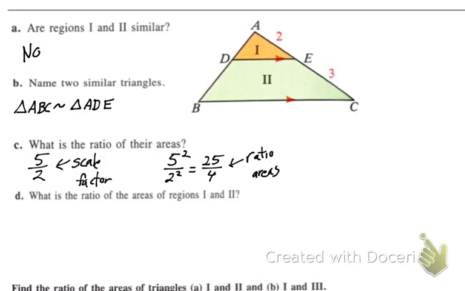What do you got? It's just a guess, maybe 2 squared over 3 squared. That would make it 4 over 9. But are they similar shapes? The only way that works is if it's similar shapes.